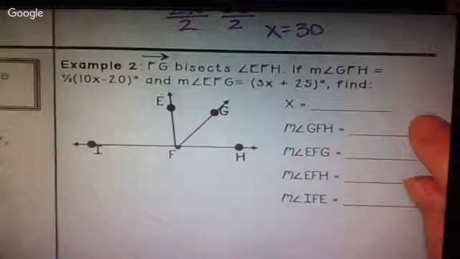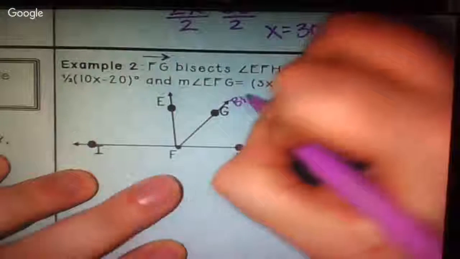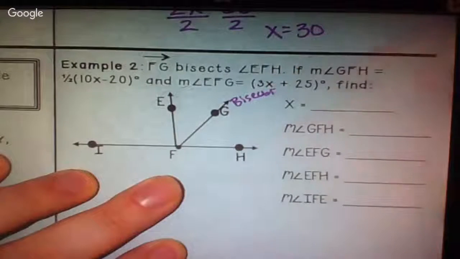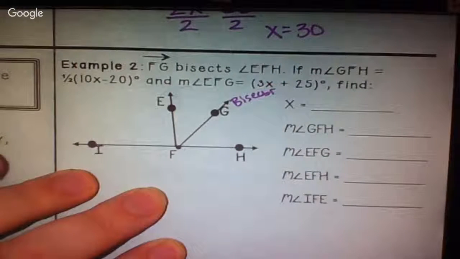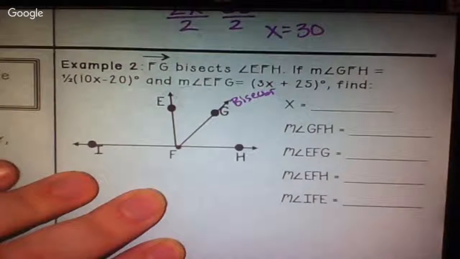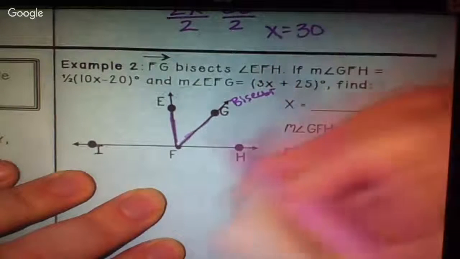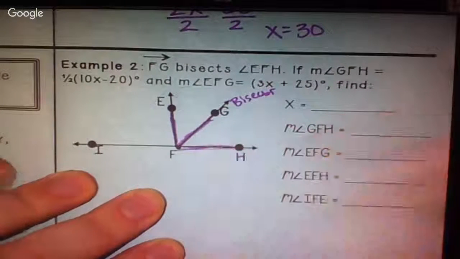So let's take a look at this. FG is my angle bisector. So if that's my bisector, that means that this little angle right here and this little angle right here are the same.